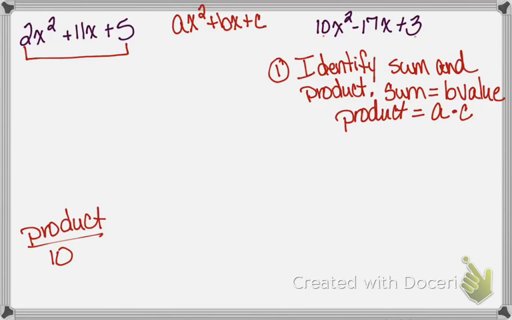Okay? My sum stays the same. My sum is still my B value. So what's my sum here? 11. Okay.